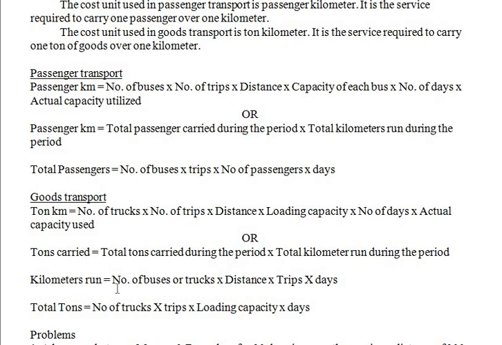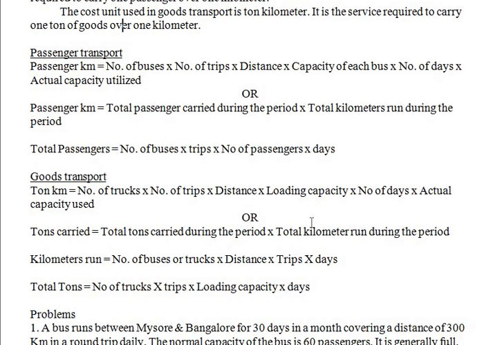Kilometers run is equal to number of buses or trucks into distance into trips into days. One more formula: total tons is equal to number of trucks into trips into loading capacity into days. These are the formulas you will have to remember.